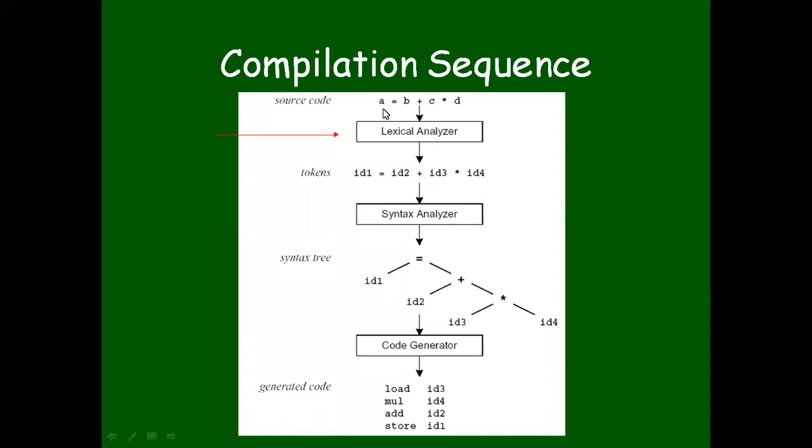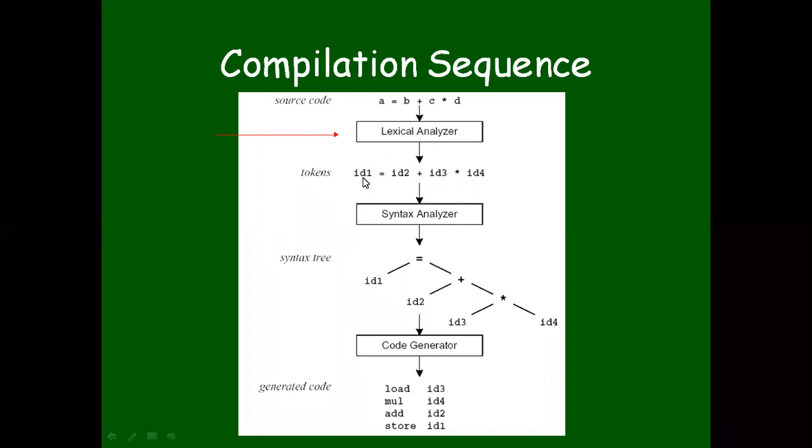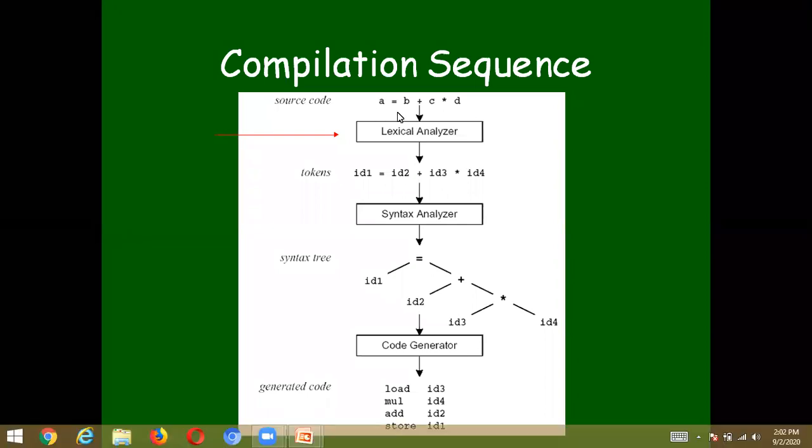Each individual lexeme is converted into its equivalent token. A is converted into ID1, B into ID2, C into ID3, and D into ID4. These are the sequence of tokens from the given sequence of characters in the source code.